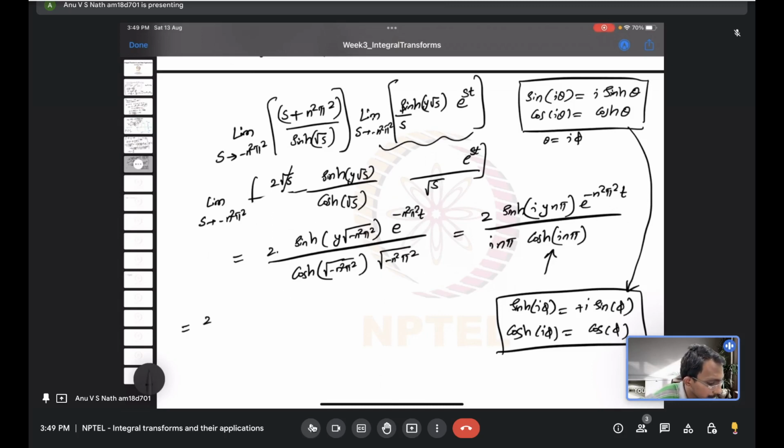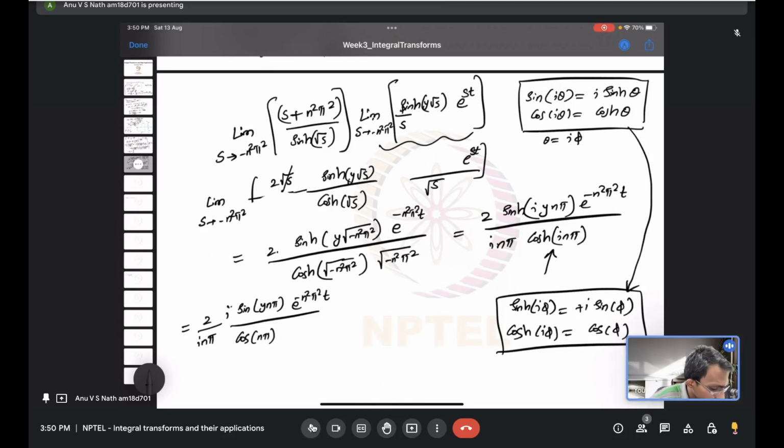So it's 2 divided by i n pi into sinh of i times y n pi. So y n pi, these are all real numbers, i is the imaginary number. So that way I can write i into sin of y n pi into exponential of minus n square pi square t divided by cos of n pi.